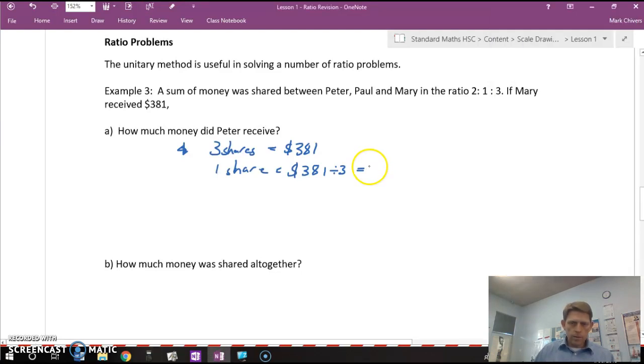So $127 is how much one share is, but Peter didn't receive 1 share, he received 2 shares. So for 2 shares, we can just say, well, that's going to be that $127. I'll just get the old eraser out and fix that up.